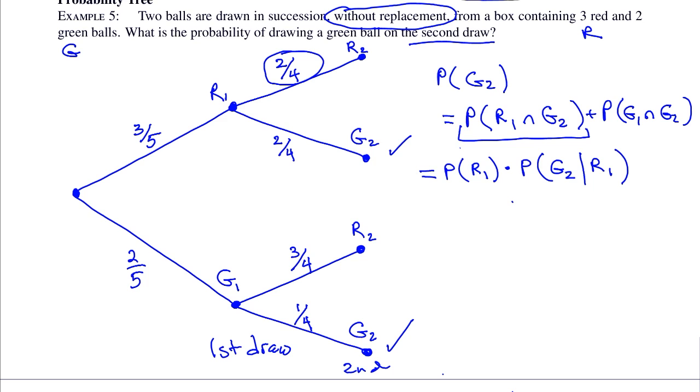That's the first part. What's the second part? It's the probability of G1 times G2 given G1.